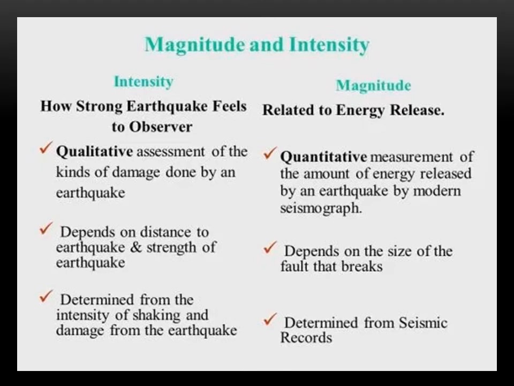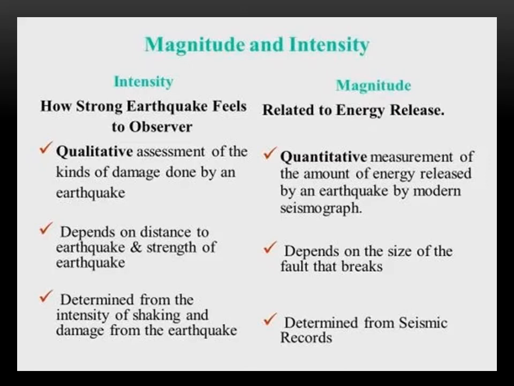Intensity is how strong the earthquake feels to observers, and magnitude is related to energy released. The intensity is the qualitative assessment of the kind of damage done by an earthquake. The intensity depends on distance to the earthquake and strength of the earthquake, and it's determined from the intensity of shaking and damage from the earthquake.